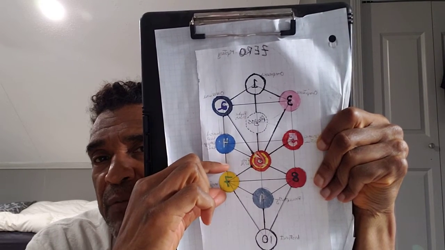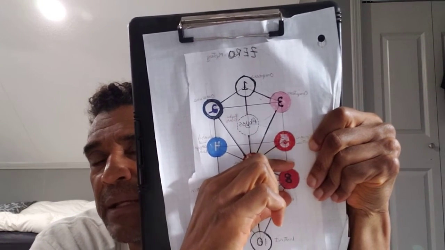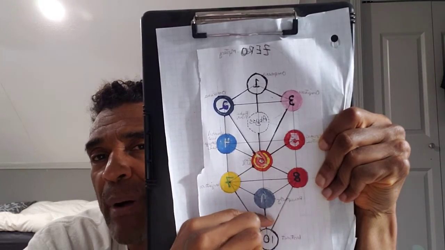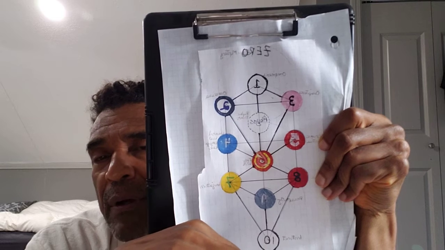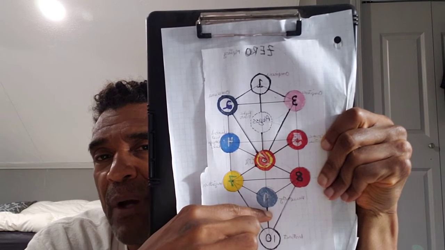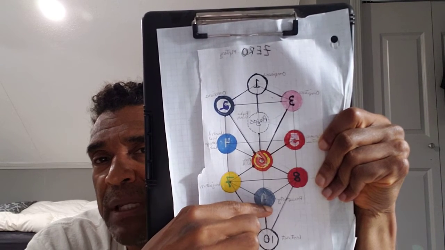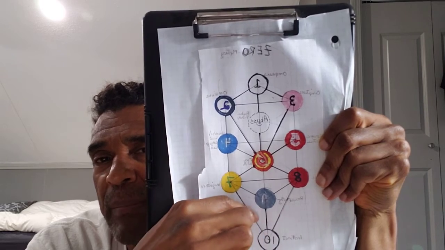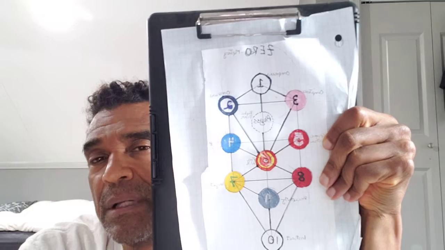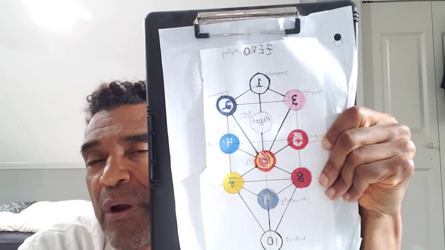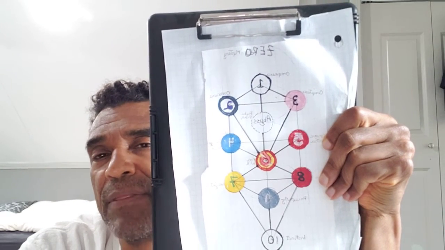So each one of the spheres is being divided up into its 12 parts based on the same structure, the same tree of life. So within the 9th sphere, you have a mini 10th sphere, a mini 9th sphere, a mini 8th sphere, a mini 7th sphere, or you could also call it a fractal 10th sphere, fractal 9th sphere, or a fractional 10th and 9th sphere.